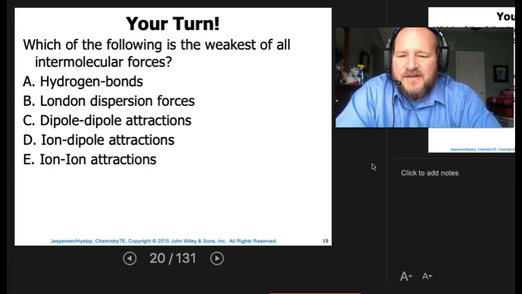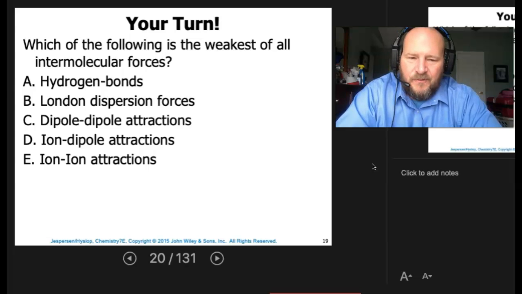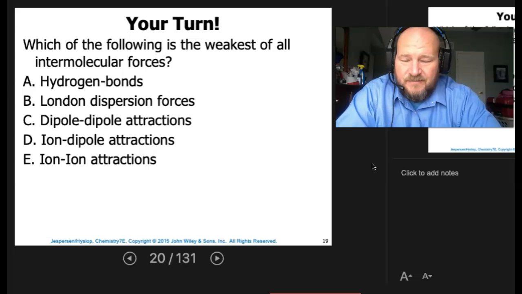All right, so which of the following is the weakest of all intermolecular forces? Hydrogen bonds, London dispersion, dipole-dipole, ion-dipole, or ion-ion. Now, we haven't really talked about ion-dipole or ion-ion, but I think it's pretty easy to see. Dipole-dipole would be weaker than ion-dipole, right? So we have a dipole as a partial charge, ions are full-blown charges.